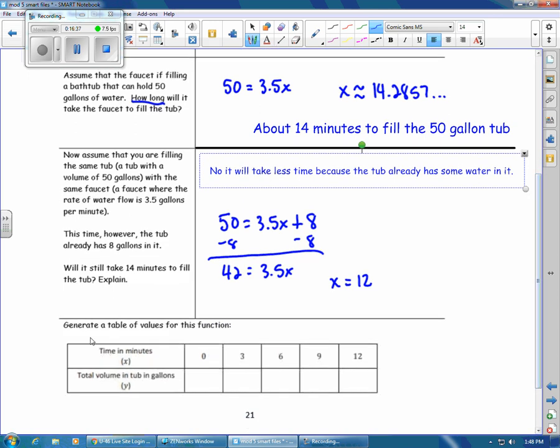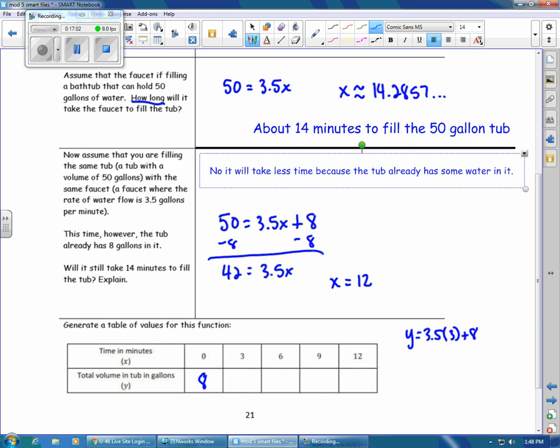So it says generate a table of values for this function. So at 0 minutes, we already had 8 gallons in the tub, right? At 3 minutes, we take our 3 and we plug it into the equation. So y equals 3.5 times 3 plus 8.